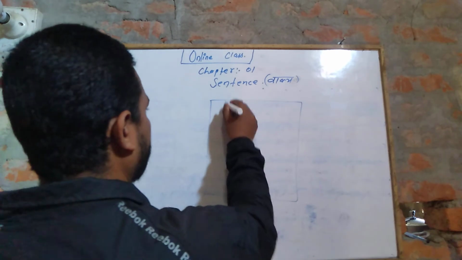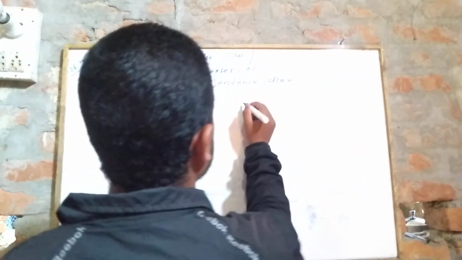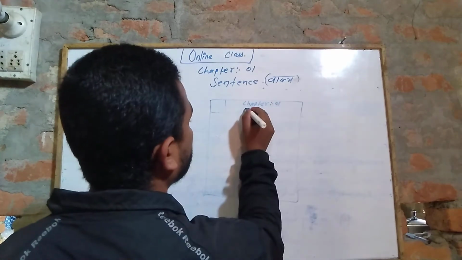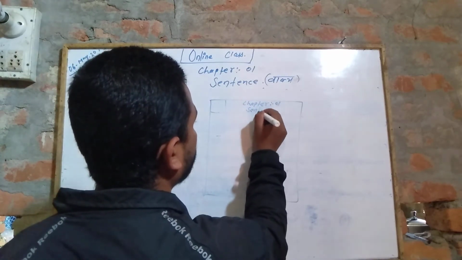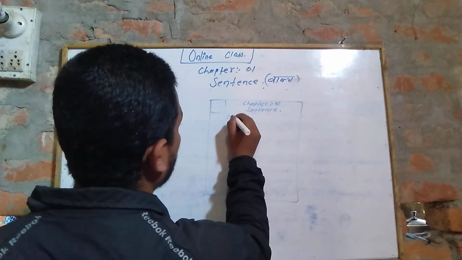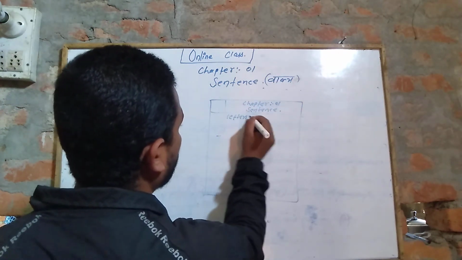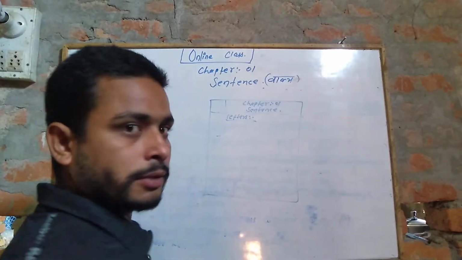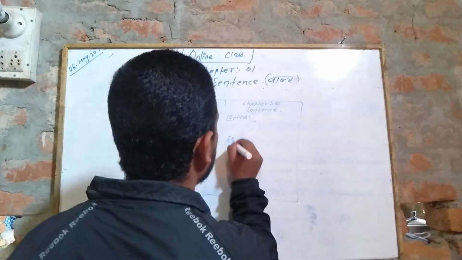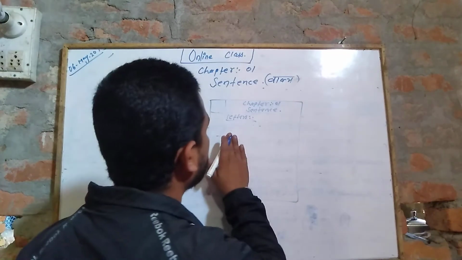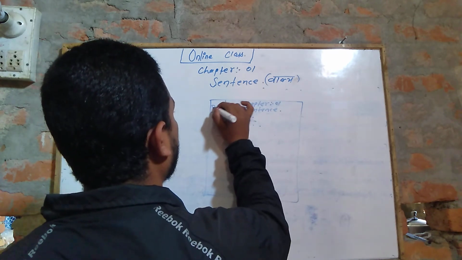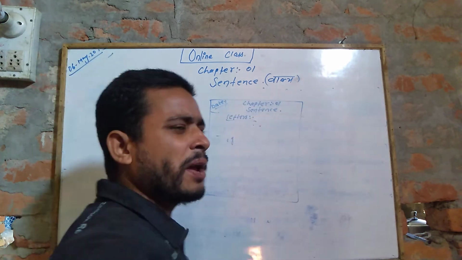This is your page. You must write chapter 1, sentence, definition, and underline some parts, like definition, example, types, then you start. And you can write the date also here. That is a way of making a fair copy.